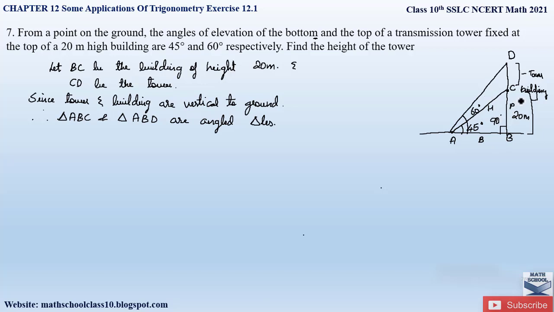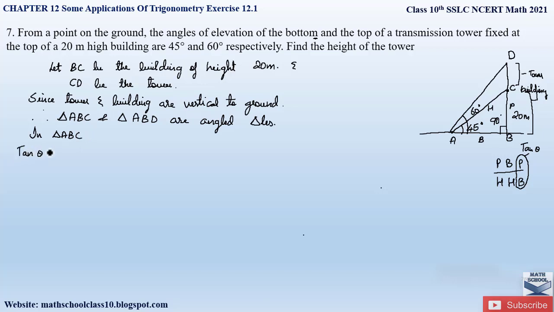Which trigonometric ratio is formed by perpendicular by base? The perpendicular by base is given by the tan trigonometric ratio, that is tan theta. Let us apply it in triangle ABC.